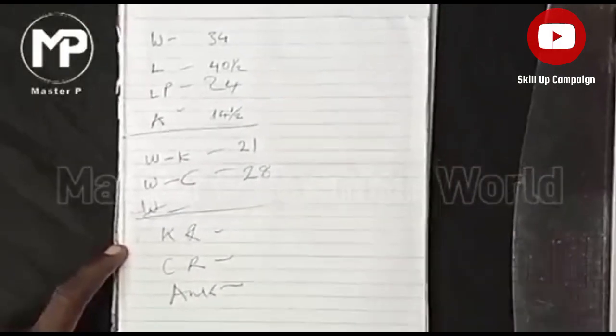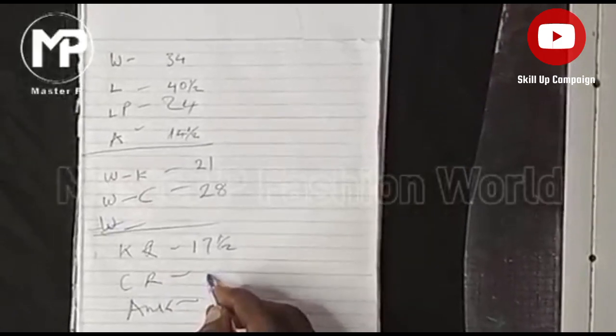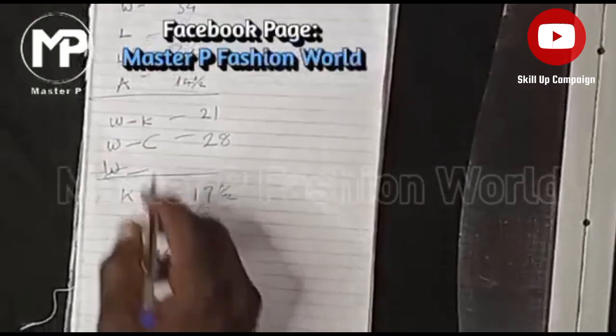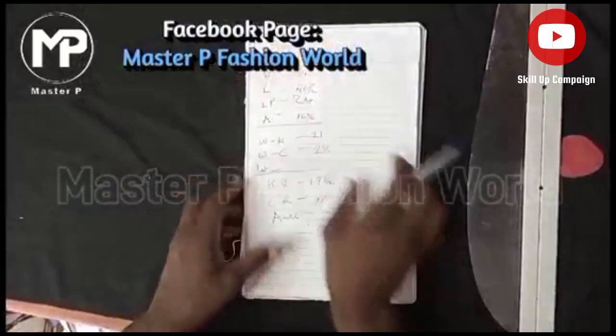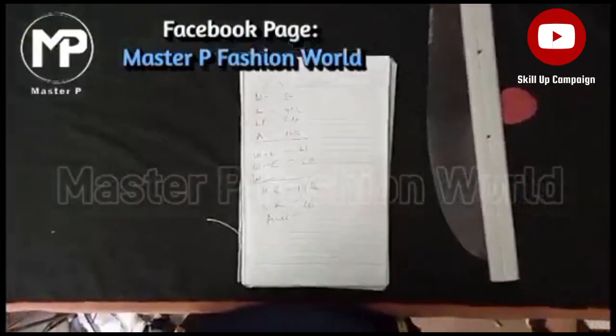Then knee roundness is 17 and half, calf roundness is 16, and ankle is already here. So we already know the measurements, and we are good to go with our cutting.